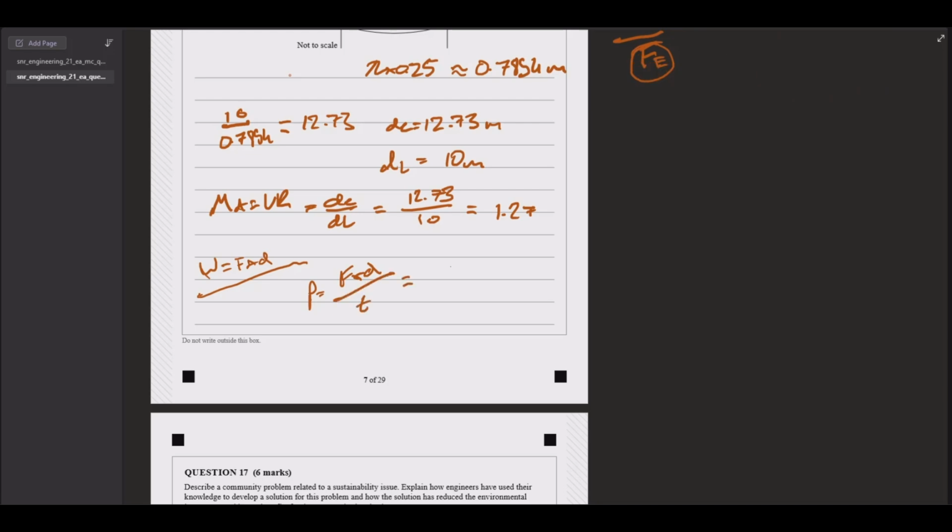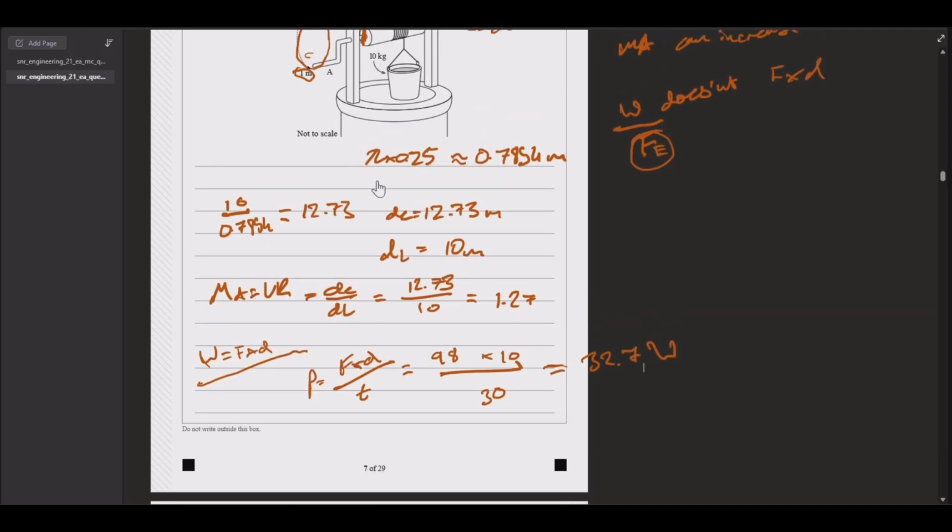That's going to be mass times acceleration, 10 kilogram bucket times 9.8 times the distance of 10, divided by 30. 98... oops. And that is going to give us 32.7 watts.